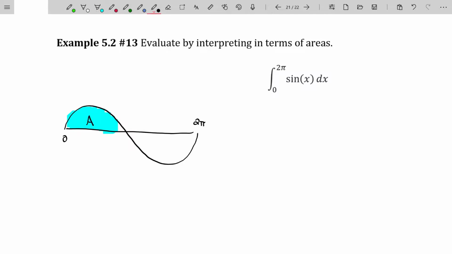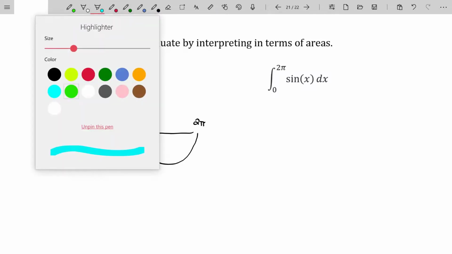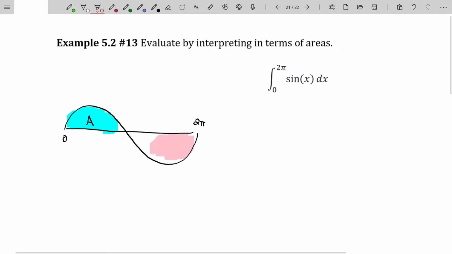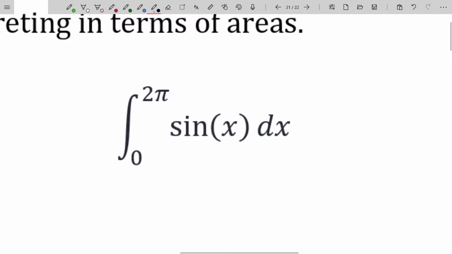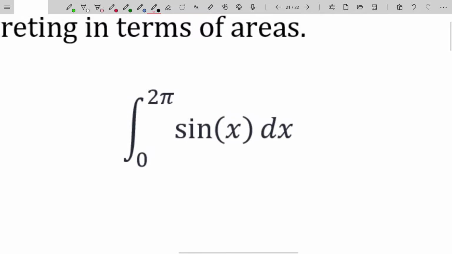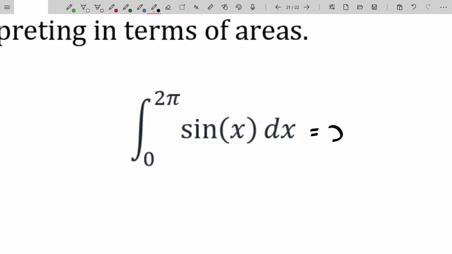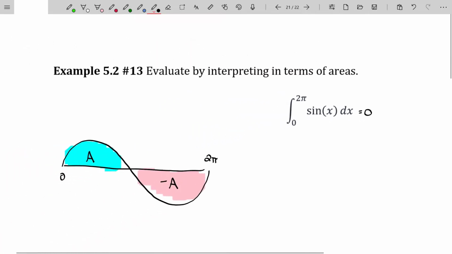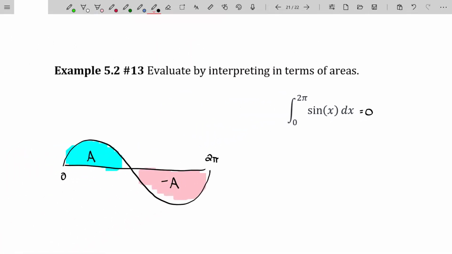We'll call that area A. And this area right here is a negative area, and you should probably agree that it's the same area as that blue area. So the area underneath the sine curve from 0 to 2 pi will be 0. Again, because it's symmetric. It's not symmetric about an interval though, it's a periodic function.